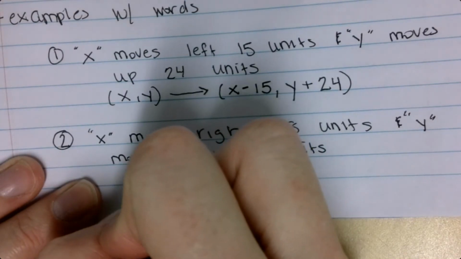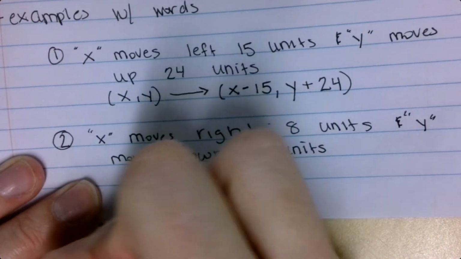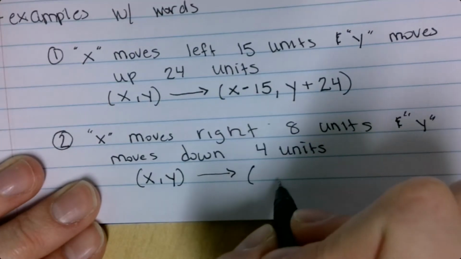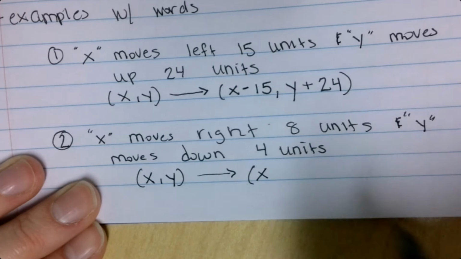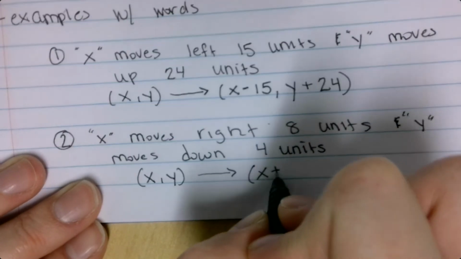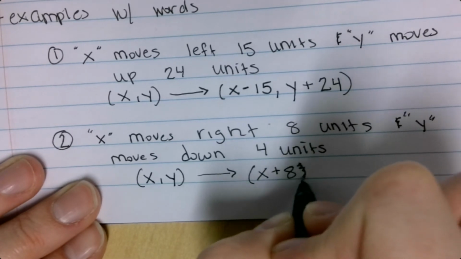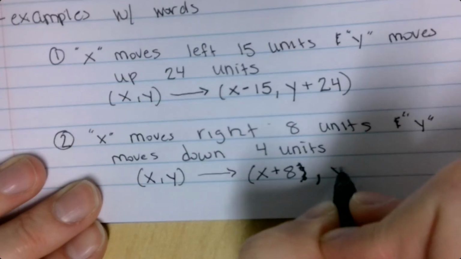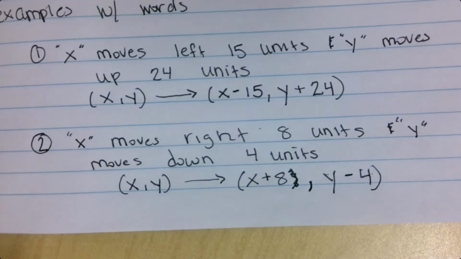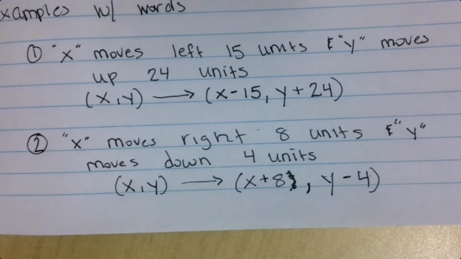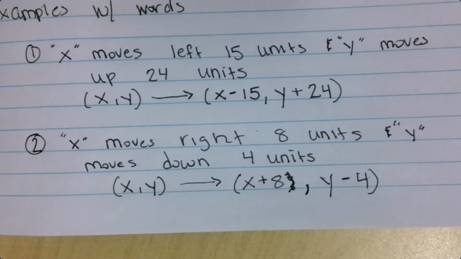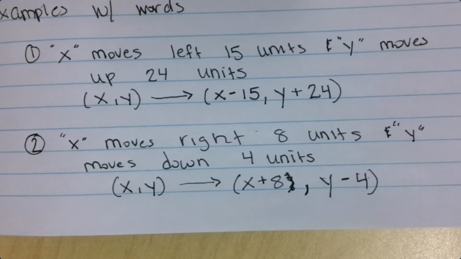Okay, we start with X, comma, Y. Then we say, okay, X, if we're going right, we are adding 8. Oopsies, I didn't mean to put that there, my bad. And if we are moving down, we would be minus 4. Okay? So that's basically what we are looking at. Hopefully that is making some sense.